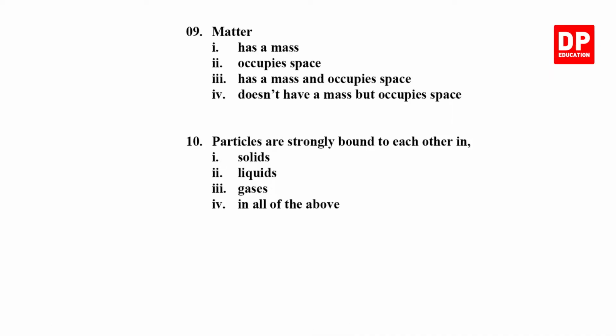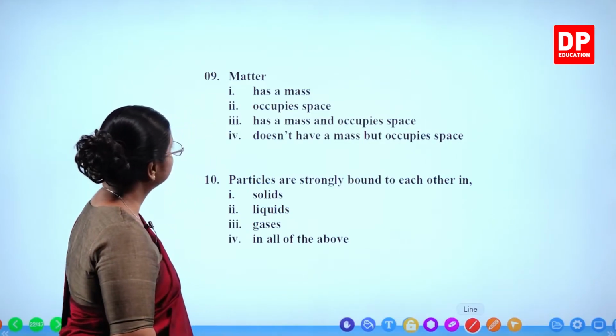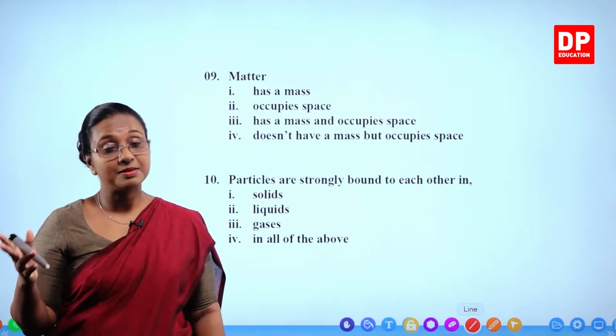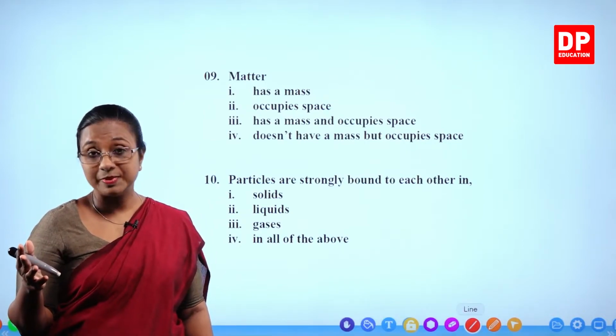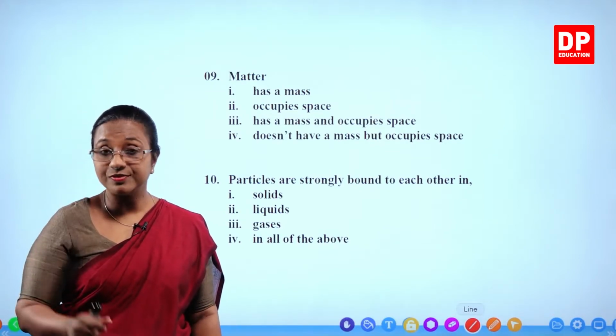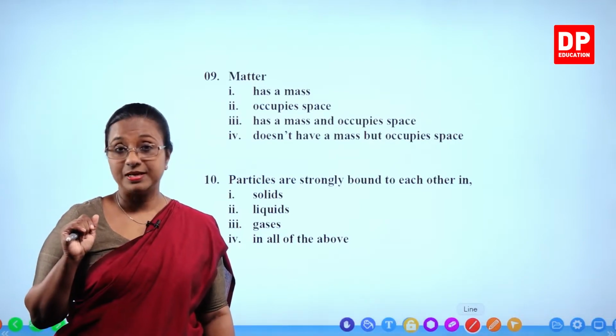Question number 9. Matter. Now, when we say matter, what is matter? Anything that has a mass and that occupies space is matter. It can be a solid, liquid or gas. Those are the physical states of matter, and they have many other properties as well.